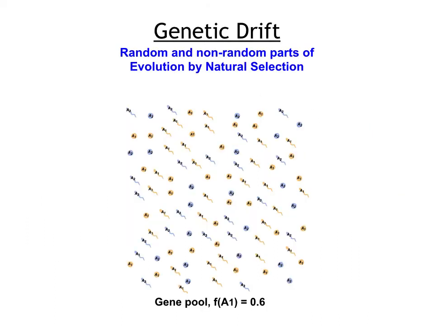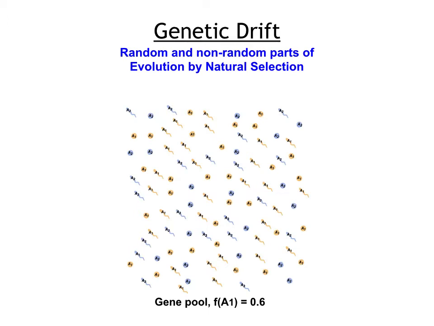So I'd like to point out that as we've looked at the Hardy-Weinberg model and its assumptions, we are also looking at how different things can cause populations to evolve, and what kind of patterns are generated in that evolution.